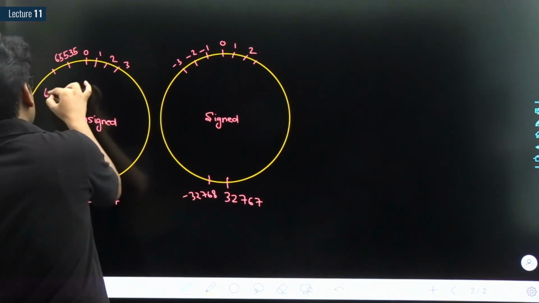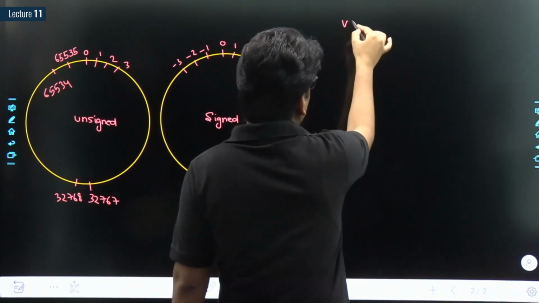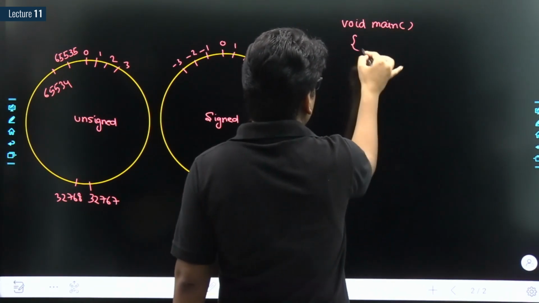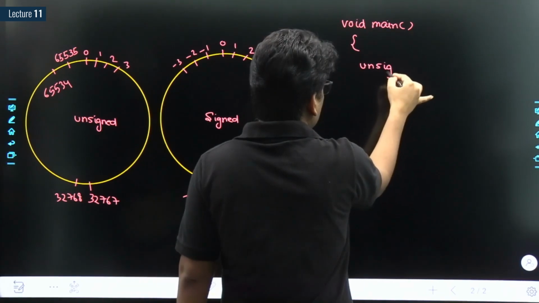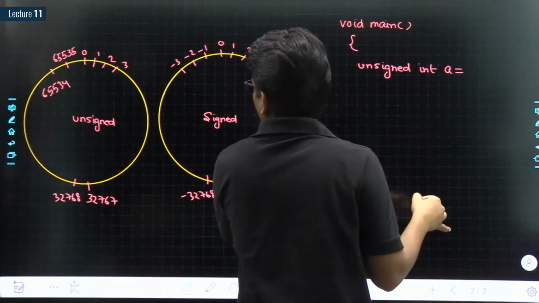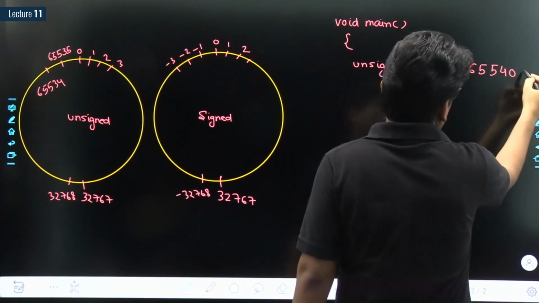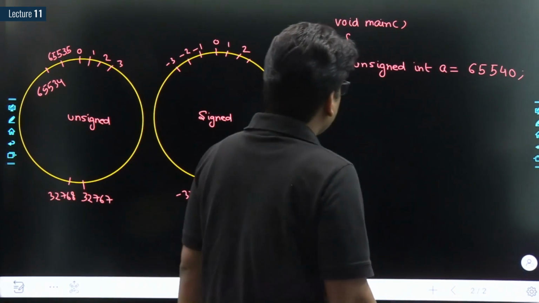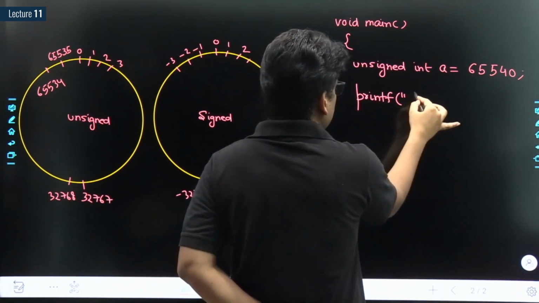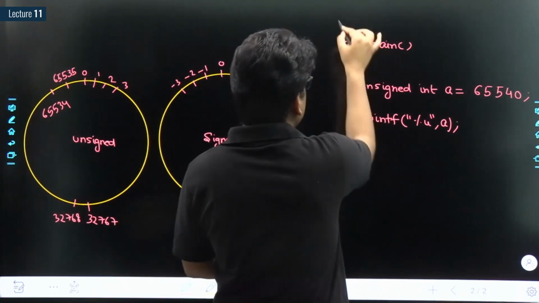Let us use the same circle. void main, unsigned int a is equal to 65540, and let us try to print %u comma a, and again the same assumption that integer takes 2 bytes.